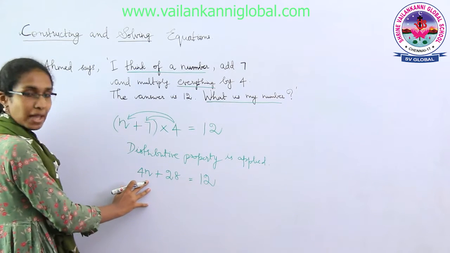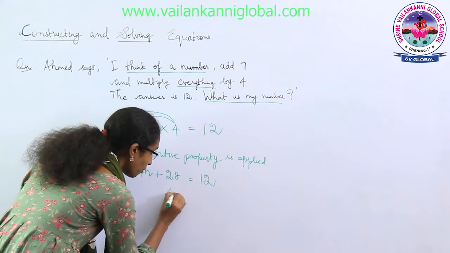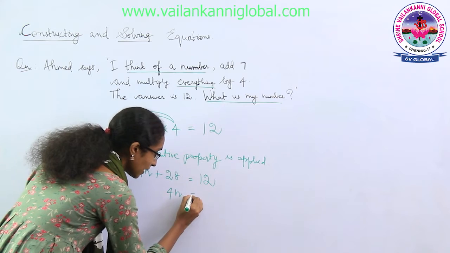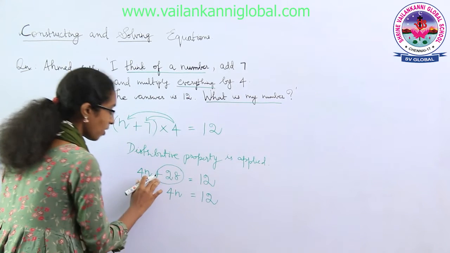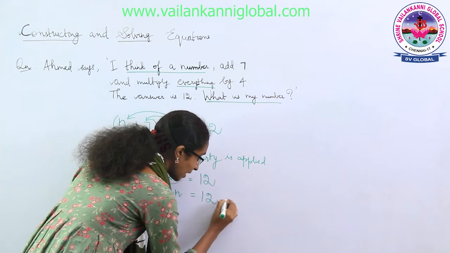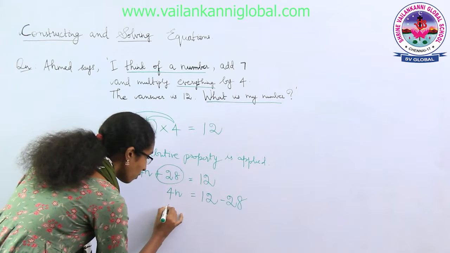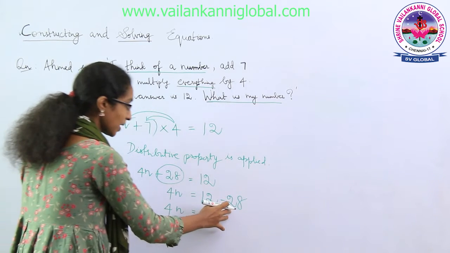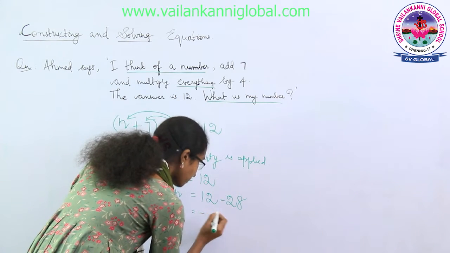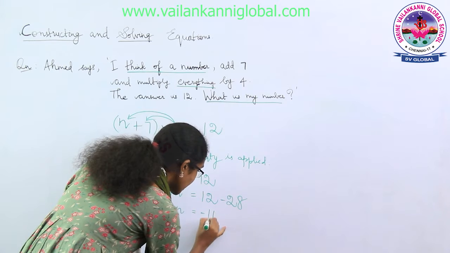So let us keep the n term one side and take the numbers the other side. So 4n is kept on the left hand side and 12, this 28 which is positive, when it comes to the other side becomes negative, minus 28. So 4n equal to 12 minus 28 will give you minus 16.